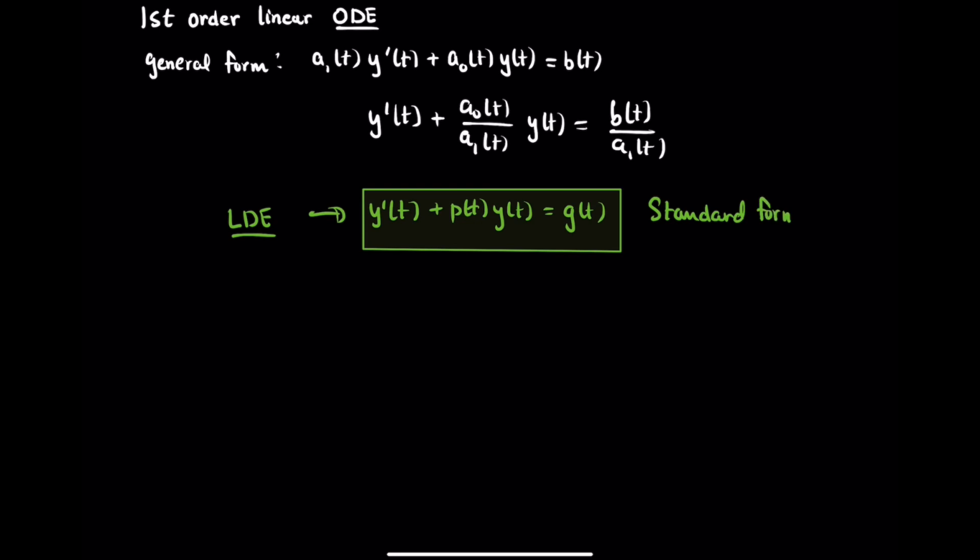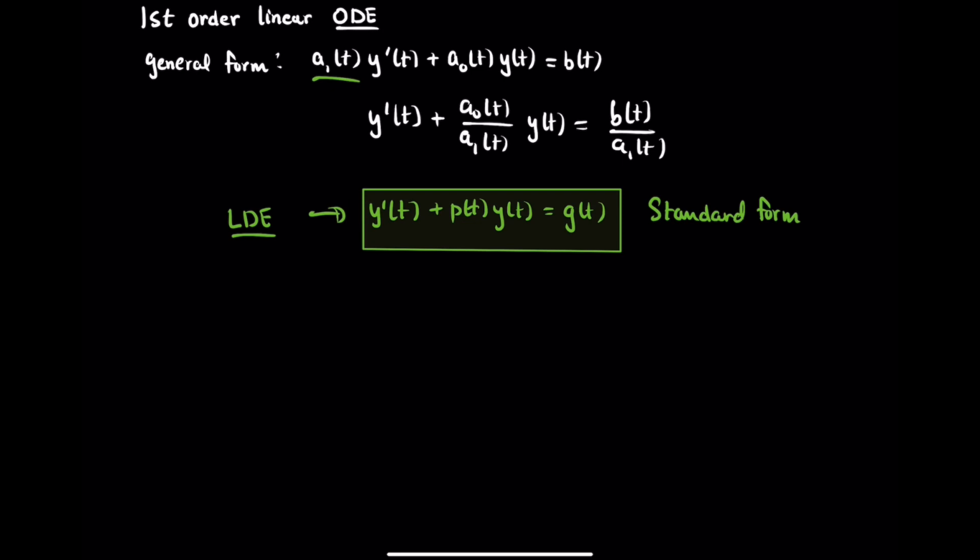And the reason why I showed you general form is because some questions are going to give you this a1, like a coefficient here, and then you're going to have to divide it out. So just know that you're going to have to divide this a1 out to make sure that the coefficient of y(t) is just 1. All right?